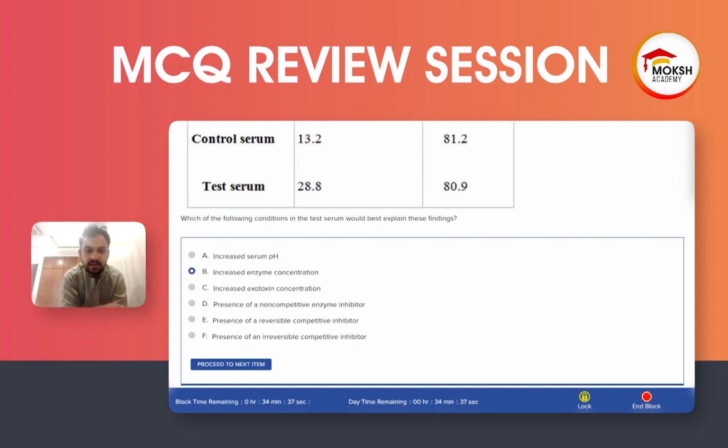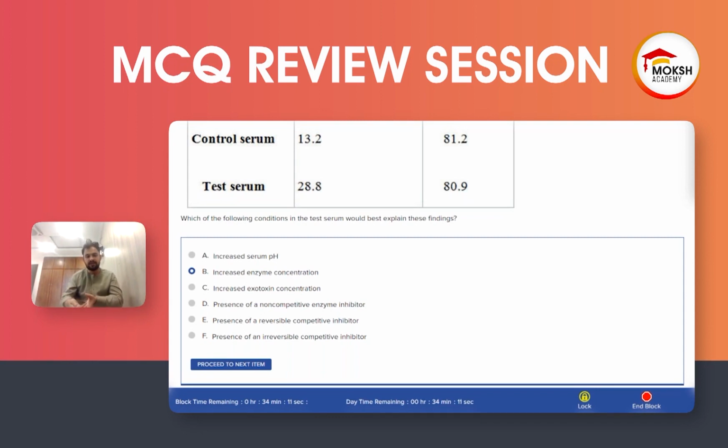Okay, what about choice E? Presence of a reversible competitive inhibitor. It could be a drug or something that binds to the active site of the enzyme and inhibits the reaction.